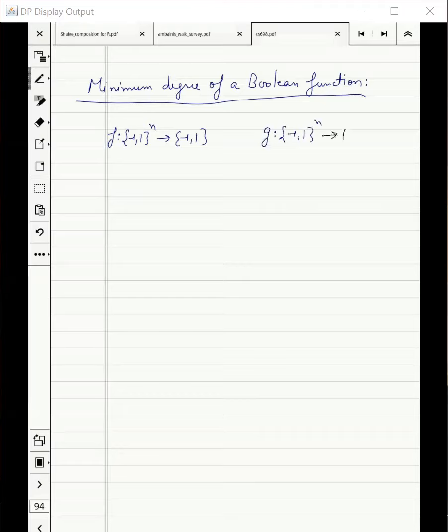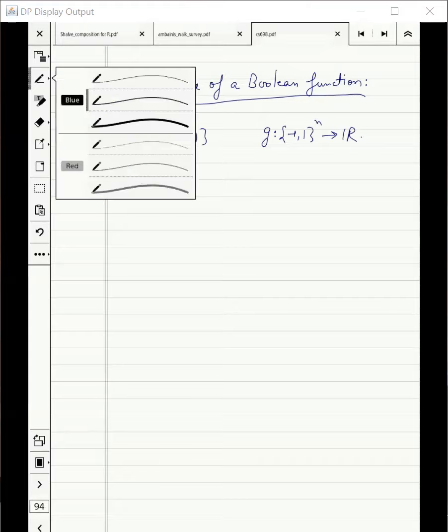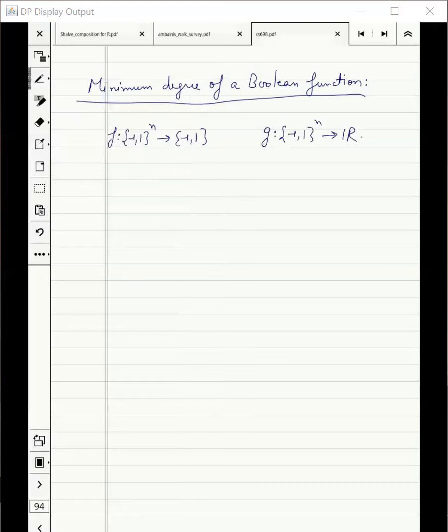G is something where the range is real, F is something where the range is Boolean. One of the objectives is to see how this restriction helps us in figuring out the property. Today's lecture is going to tell you one such property. This property is going to be true for F, but not for G. What I'm trying to say is that this constraint that the function is Boolean is going to be important.